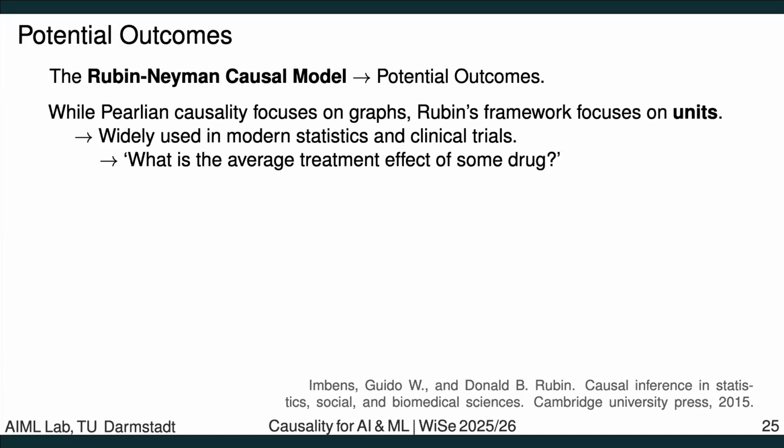But this potential outcomes or Rubin's framework focuses on units, which is basically the participants in your study. So it's really prominent in clinical trials, in medicine, in economics, these more statistics heavy fields.